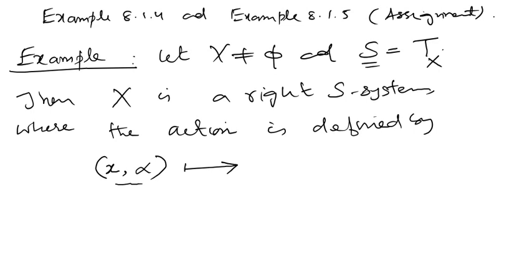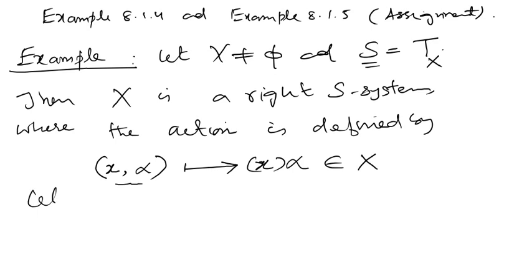So let's define it by this image of x under alpha, क्योंकि ये X का ही member होगा. Alpha is a map from X to X. So by defining this action, you can easily verify all the properties of action. So let's take two elements of semigroup.